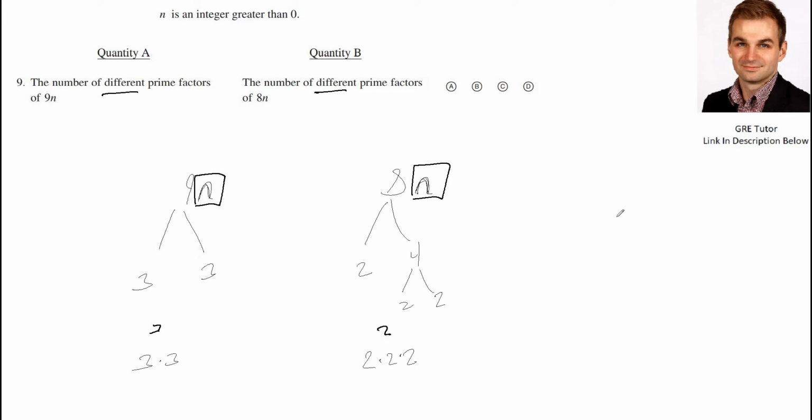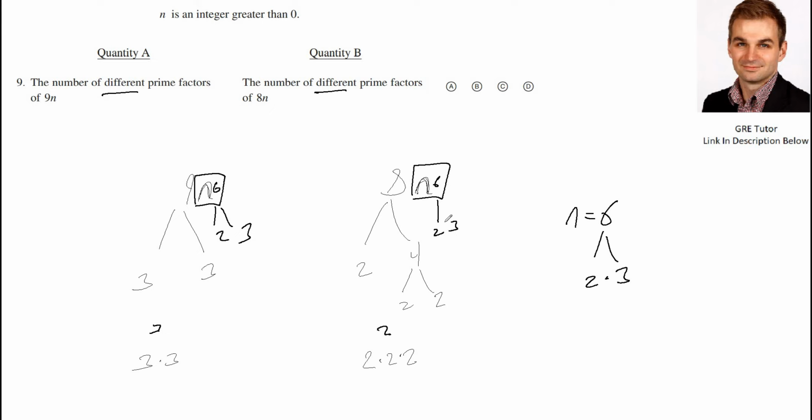So for instance, let's make n equal to 6 as an example. The prime factorization of 6 is going to be 2 times 3. So now both numbers have a 6 in them, which means that both have, as part of their factorization tree, a 2 and a 3.